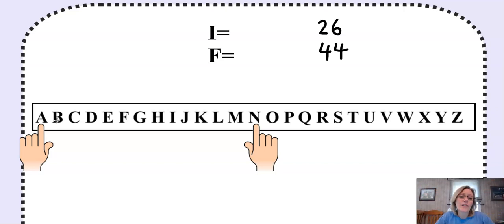So when we say the alphabet, every other letter is going to have an accent, which means we say it louder, longer, stronger. Okay? So for example, I would say A, B, C, D. So do you get the idea of what we would do?